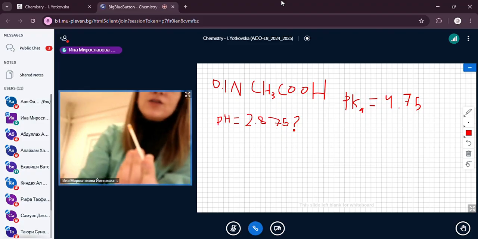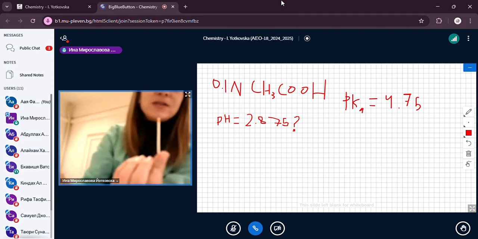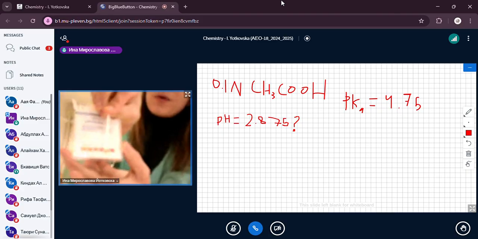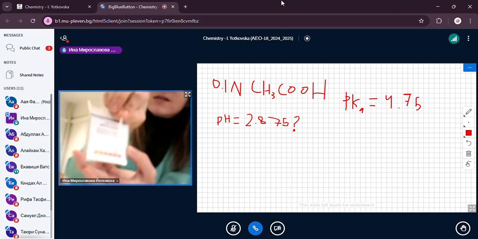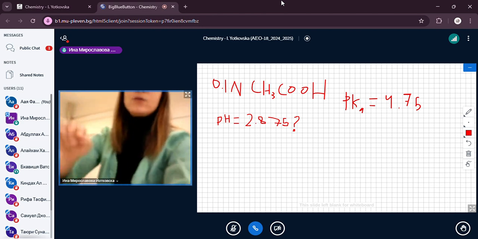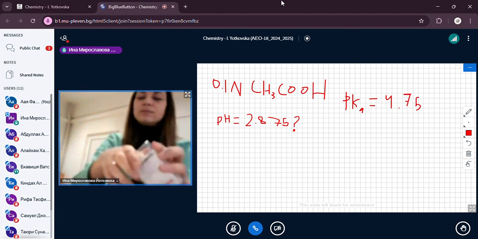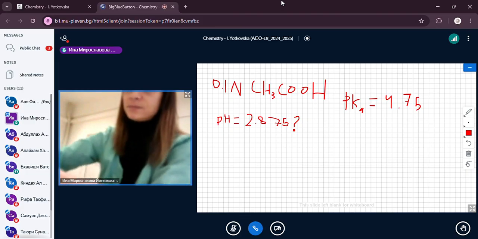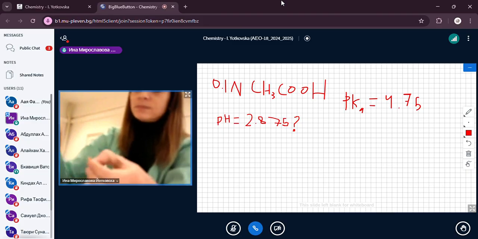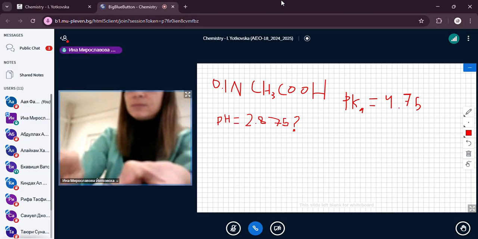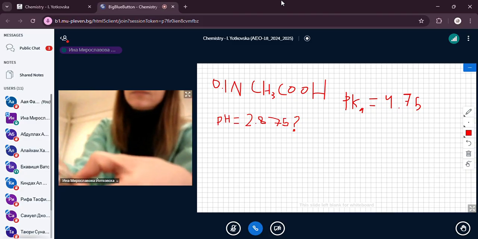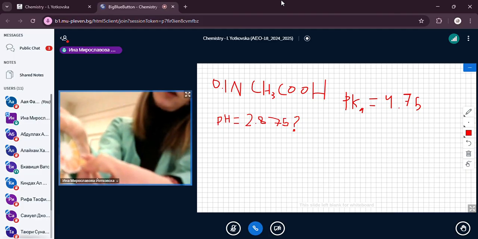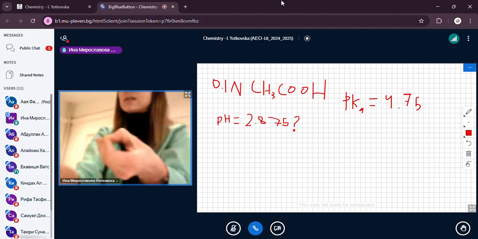I measure with the precise indicator number 6 and I obtained pH 6.4, the second value. Now I will check what the universal litmus indicator will show me. According to the universal litmus indicator, I obtain a pH equal to 6.